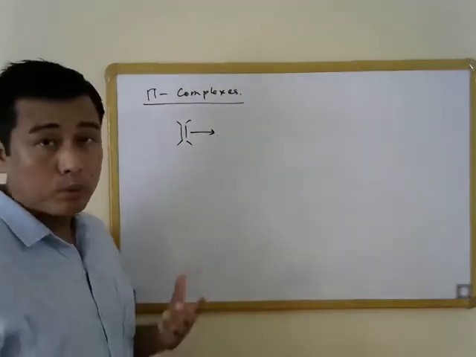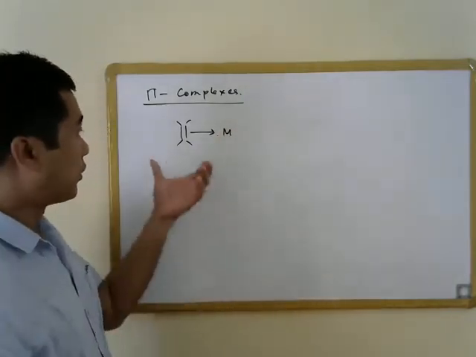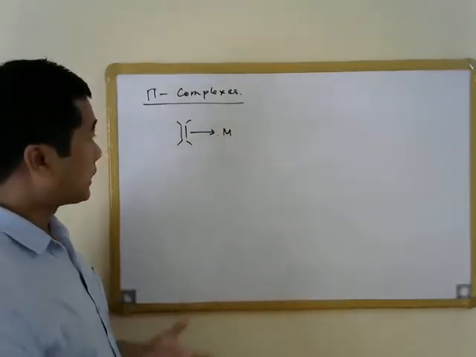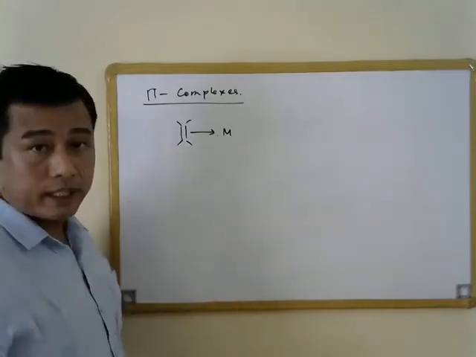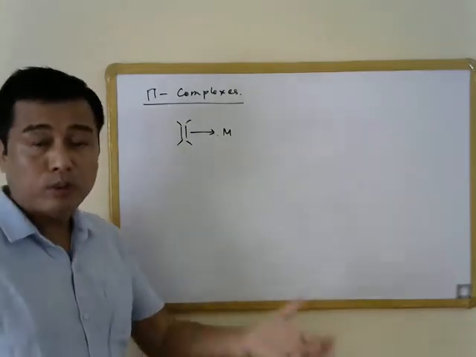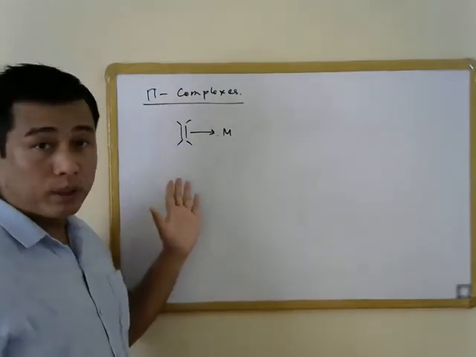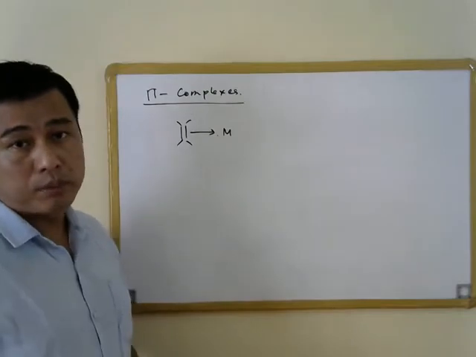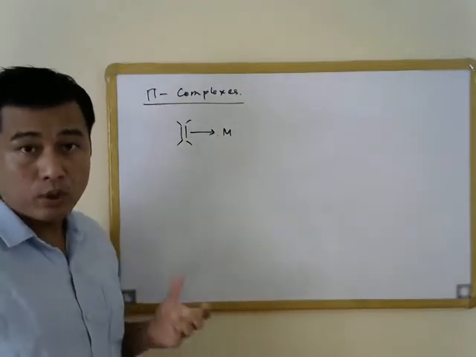Examples of such ligands include olefins, when the pi cloud or the pi bonding electrons present in the pi bonding molecular orbital in an olefin are donated to a metal to form metal olefin complexes, unlike the alkenyl complexes that we have seen earlier. In this case, the electrons present in the pi bonding molecular orbital are donated to an empty metal orbital, and such complexes we call metal olefin complexes.